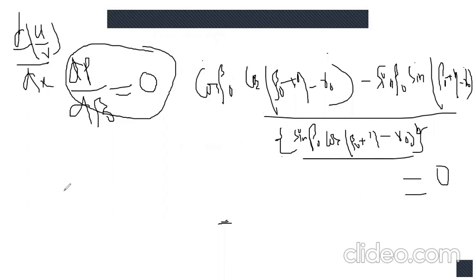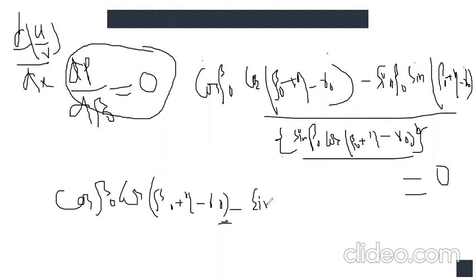Now cos of beta plus eta minus gamma minus sine of beta sine of beta plus eta minus gamma 0 equals 0.